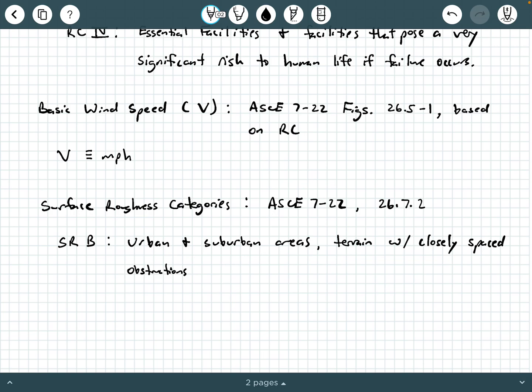What about surface roughness C, okay? These are areas with open terrain with scattered obstructions. For example, open grasslands.